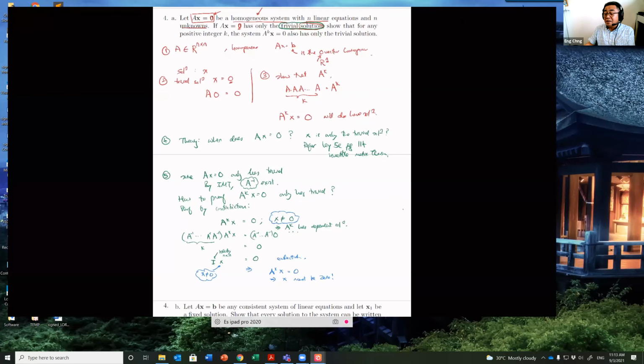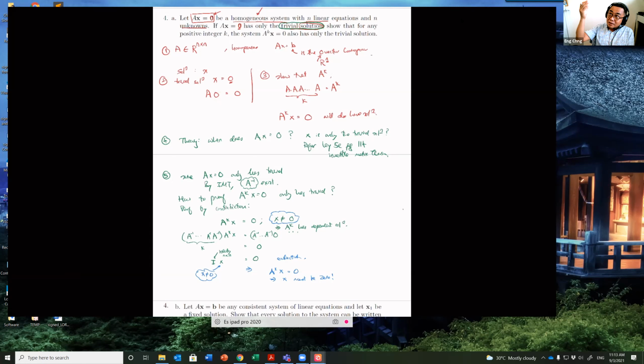But actually, there are other ways to prove it, of course. Once you realize that A is invertible, then A^-1 is invertible. You are multiplying an invertible matrix by an invertible matrix, so the left-hand side is always invertible.